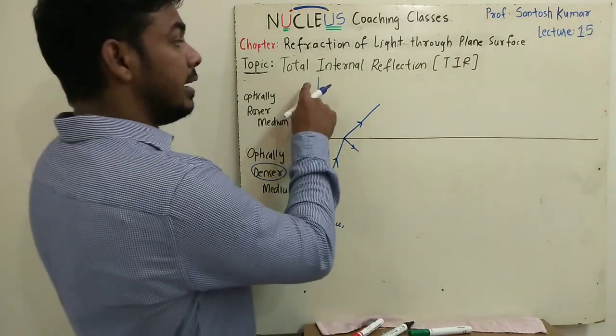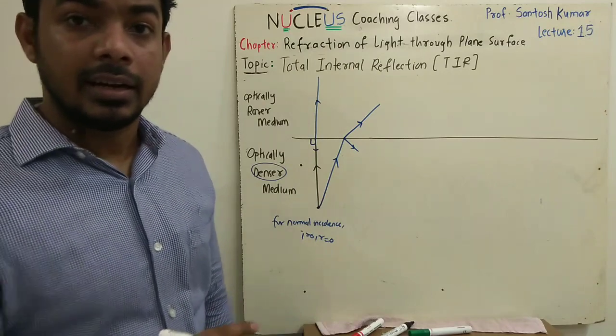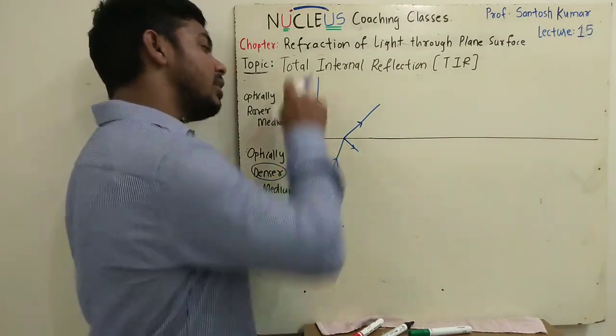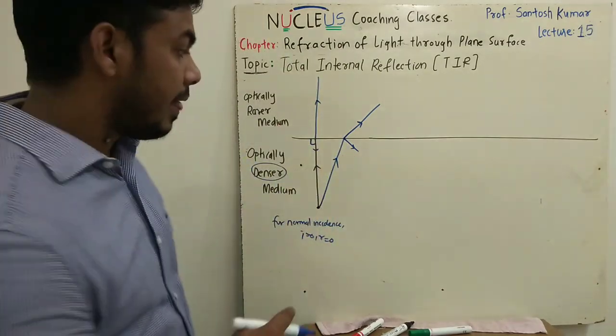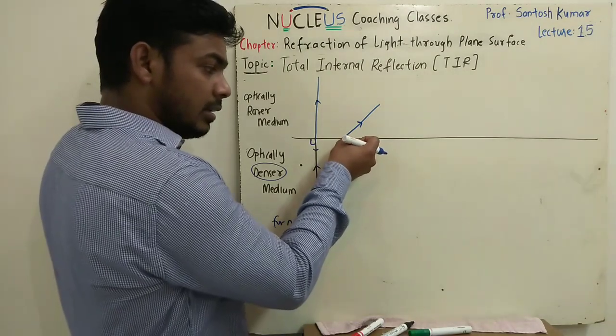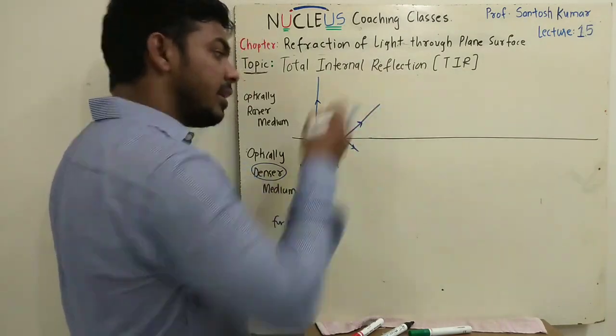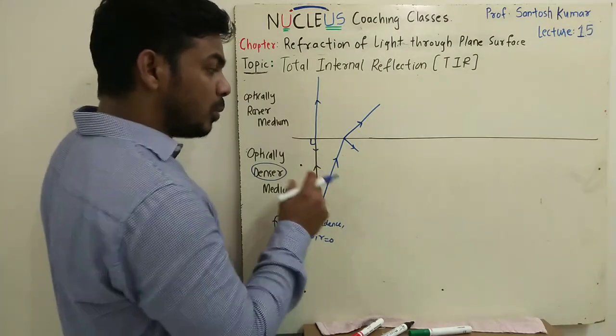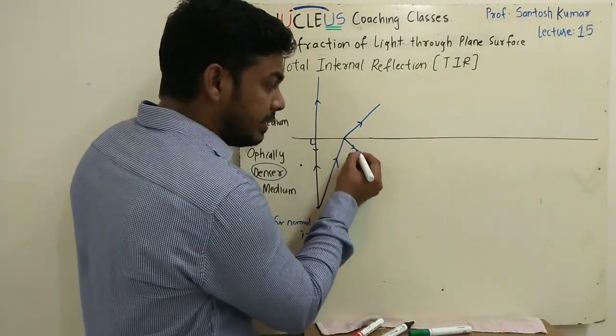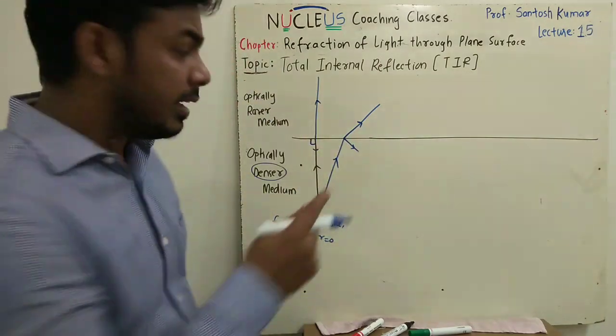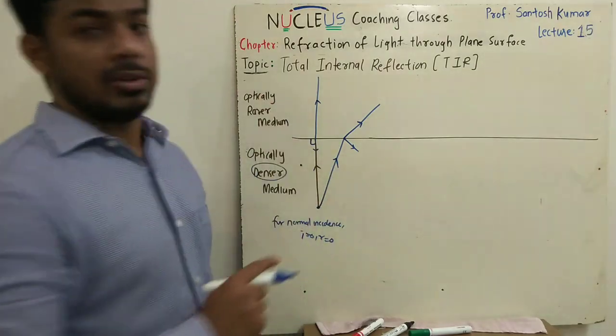So here the intensity of the refracted ray is maximum, and most of the ray will come out of the surface. And here there will be some reflection and refraction, but what we observe is that the intensity of the reflected ray will be more than in the first case.